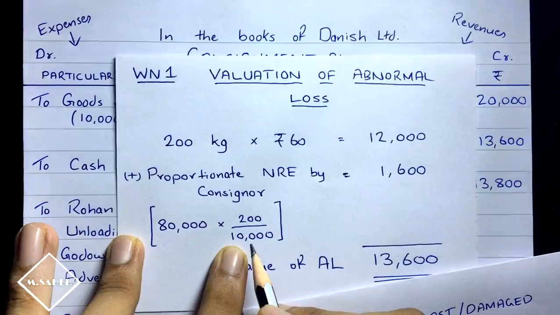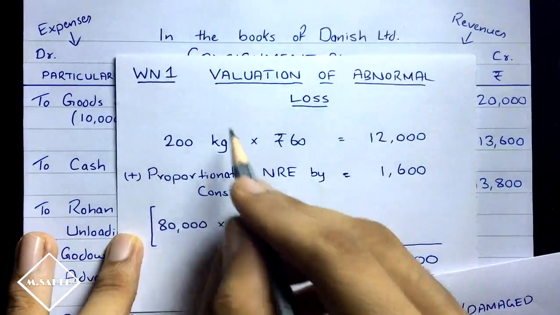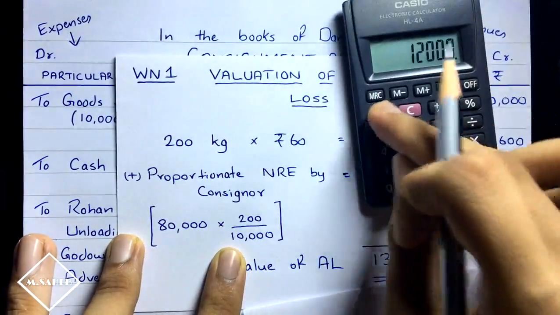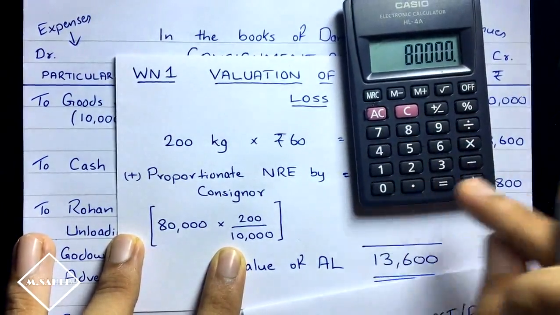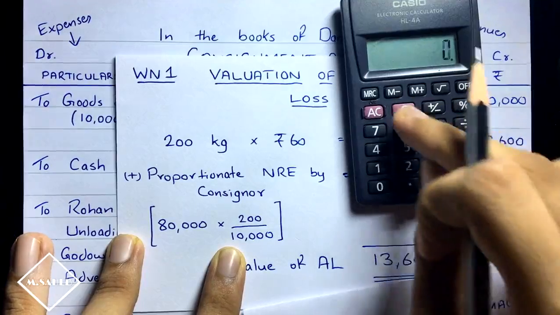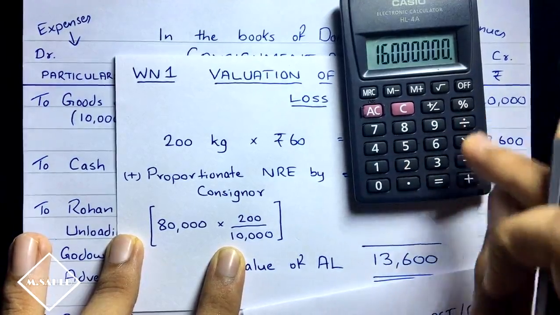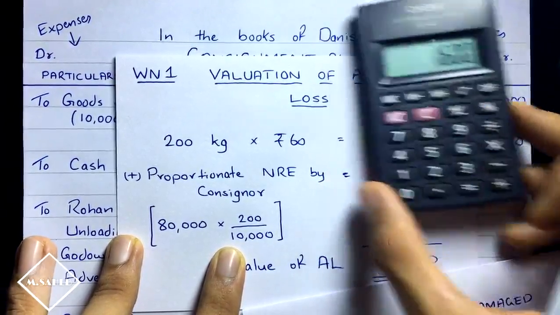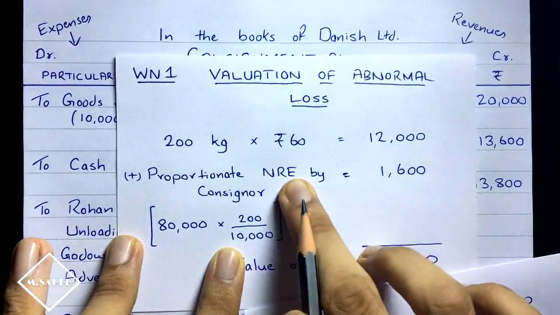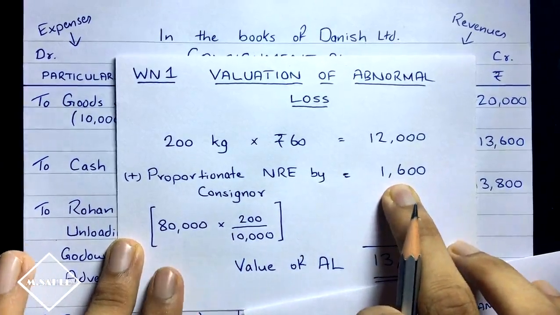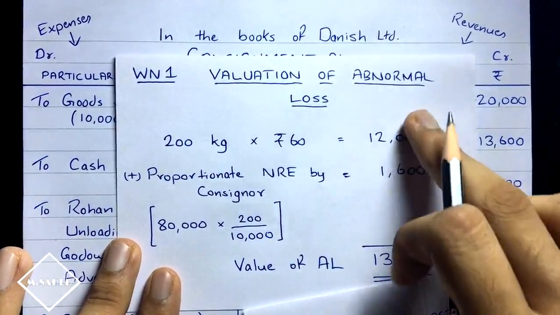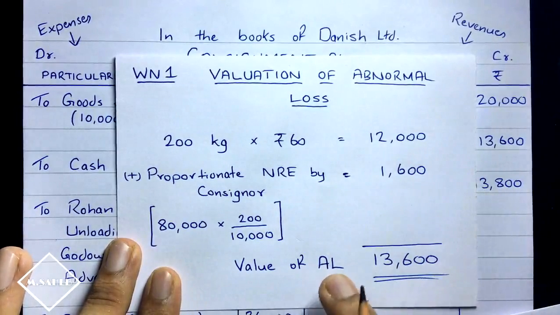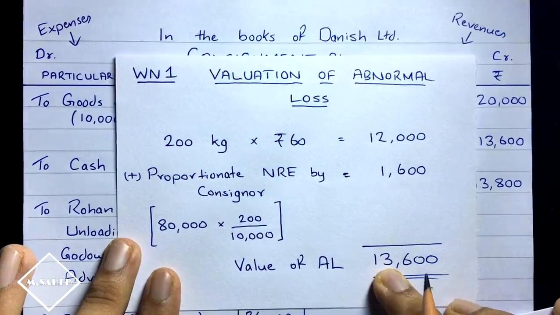And then what do we have to find? We have to find it for only 200 kg. So 80,000 into 200, divided by 10,000, that is equal to 1,600. So the proportionate non-recurring expense by consignor is 1,600. Simple. So then you add the proportionate non-recurring expense, and you will get the value of abnormal loss as 13,600.